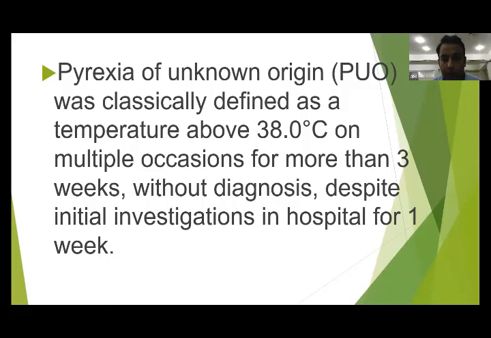So you label this diagnosis even when the patient has approximately a 3-week history of fever and you do extensive investigation for 1 week, then you label this patient as pyrexia of unknown origin.